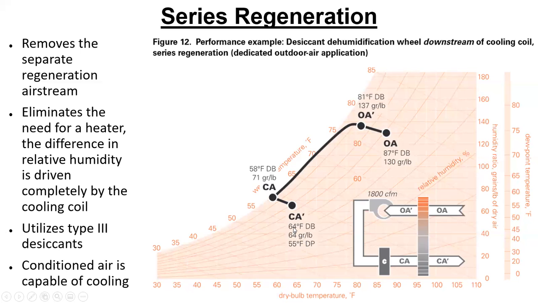And I'm coming in my space at 64 degrees, which probably is not enough to do the whole cooling load, but it'll help because if you're trying to maintain a 72 degree space or something, 64 helps for sure. So this is desiccant dehumidification wheel, downstream cooling coil, series regeneration. This is a dedicated outdoor air application that we're showing here.